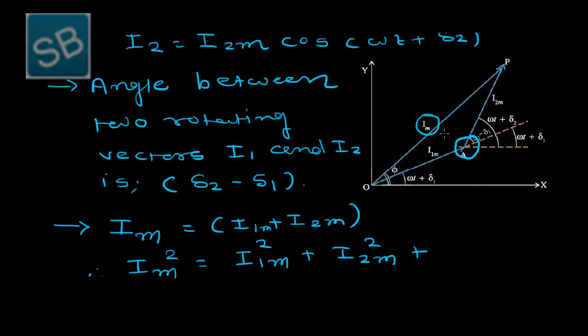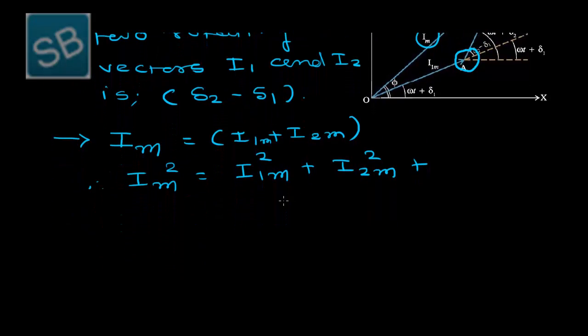And in the description of this figure, you can also write that the OA vector is I1m, the AP vector is I2m, and the resultant vector OP is Im, which we are going to find at present. So it is the simple a plus b whole square expansion. So plus 2 I1m I2m cos, where the angle is delta 2 minus delta 1.